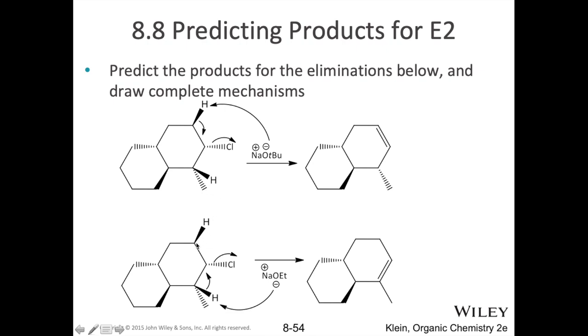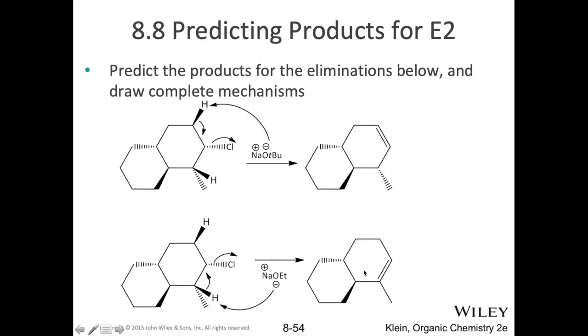Likewise, on this carbon, there are 2 hydrogens, so you take the one that's anti-periplanar, but remember your sodium ethoxide would prefer to form the double bond here because this resulting double bond is tri-substituted. If you eliminate this proton here, you get the resulting di-substituted one, which is less stable. So this is not the thermodynamic product.